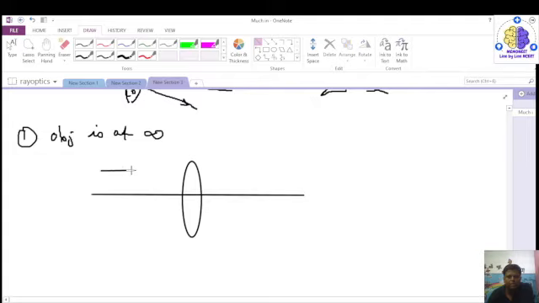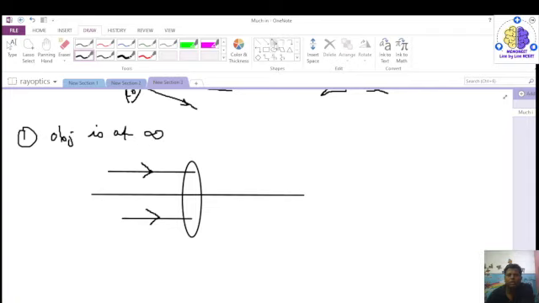This is the first ray, and the second ray. Now both are incident.